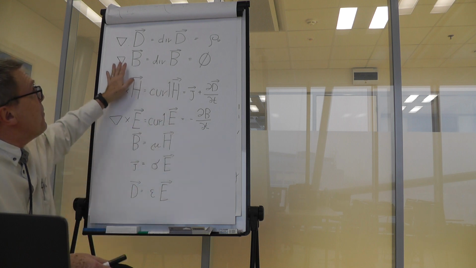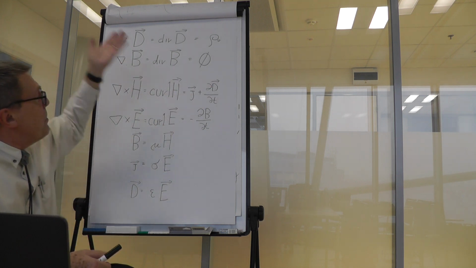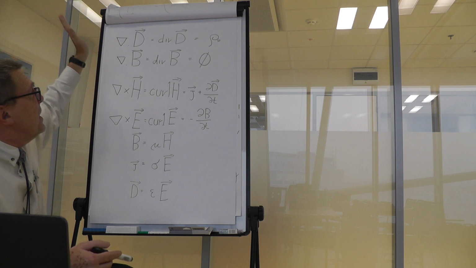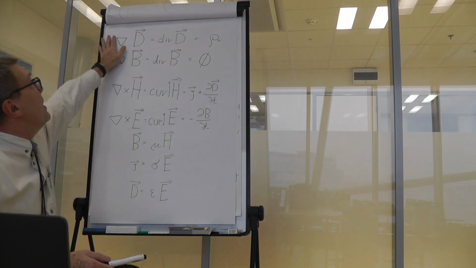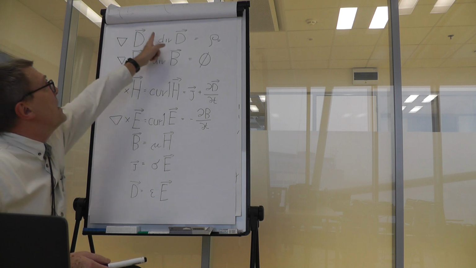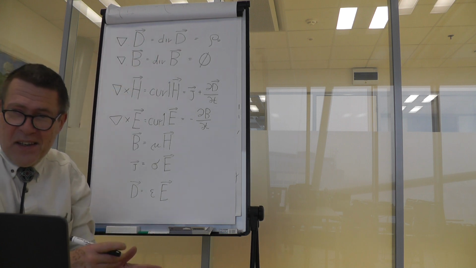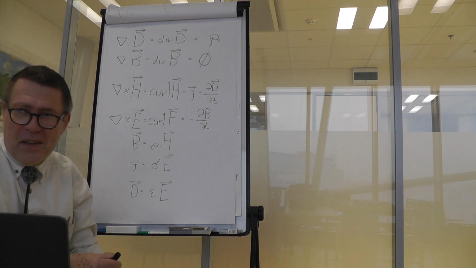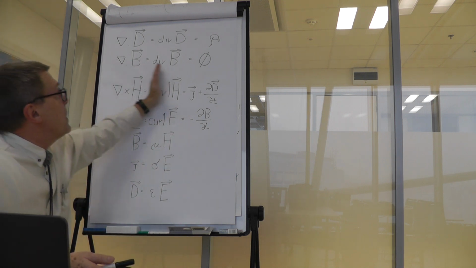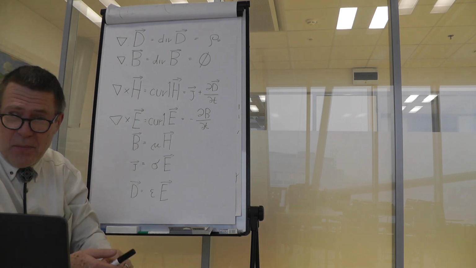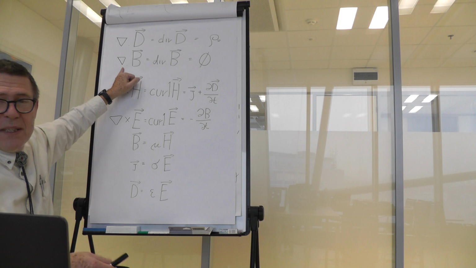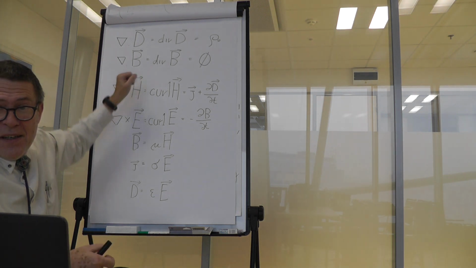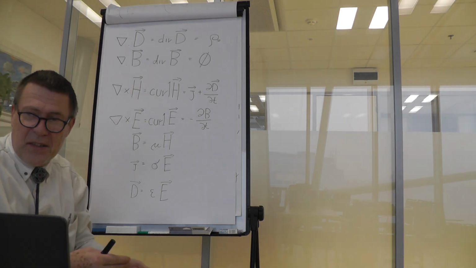So if I ask you, do you know the Maxwell equation which has on the right side free charge density, it is sufficient to write this or this. I have done that because some textbooks like this notation and some textbooks like this notation. The law is still the same.